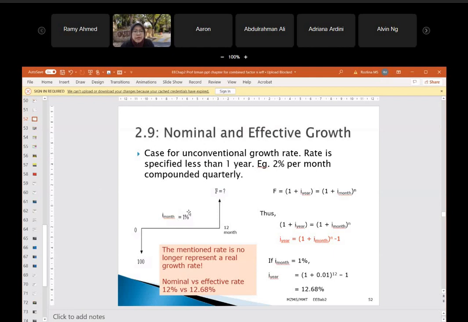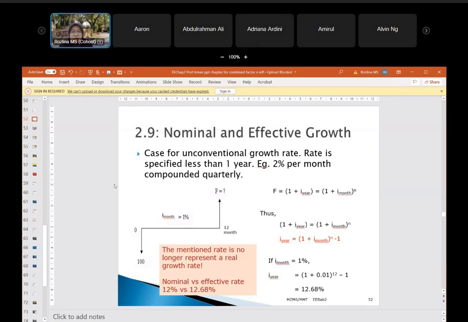Value in the future. Okay, future value. Okay, good try. Remy. Okay, future value. F is future value. So now, let's say we want to find out what is F.